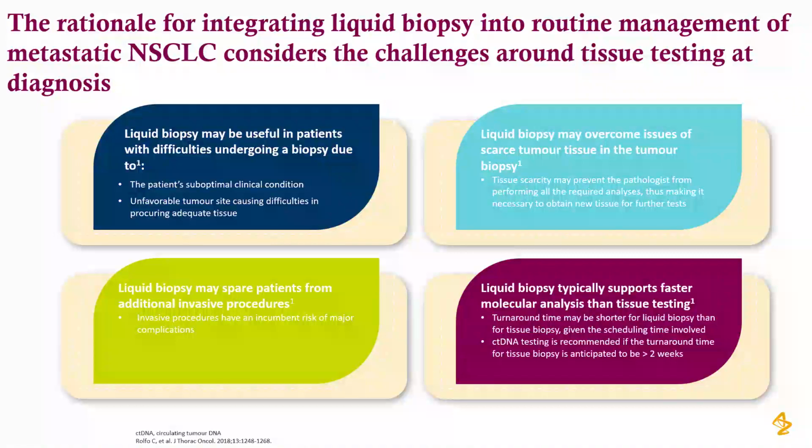We can increase the sensitivity by combining the two, and at the same time we can detect more and more markers by combining with the liquid biopsy, and we can get the results at a much shorter turnaround time. Even in inaccessible sites, it plays a very important role. And when the tissue samples are inadequate, repeating the rebiopsy is also very much feasible in case of liquid biopsy. Then next slide, please.